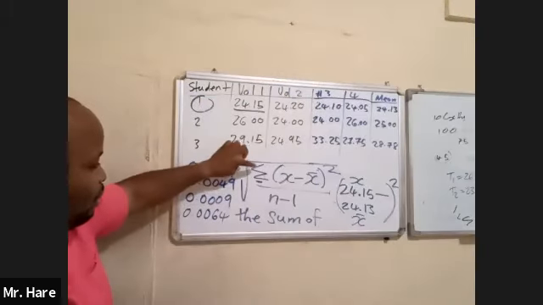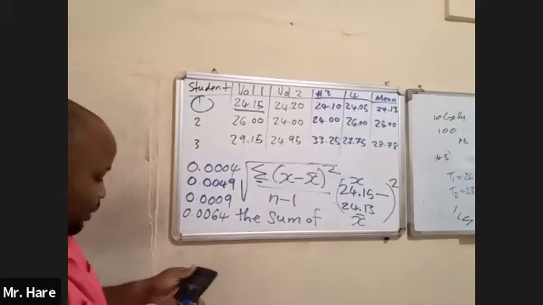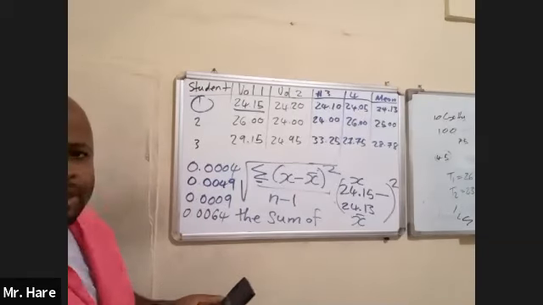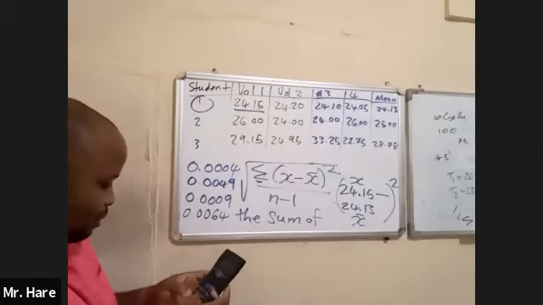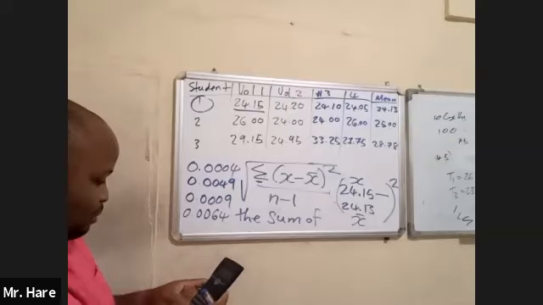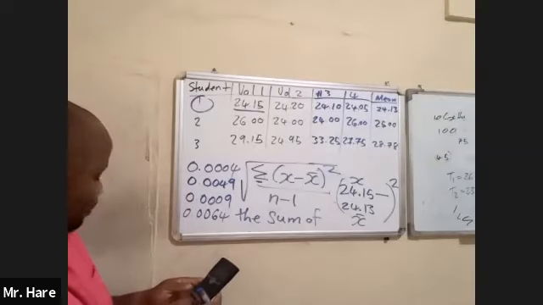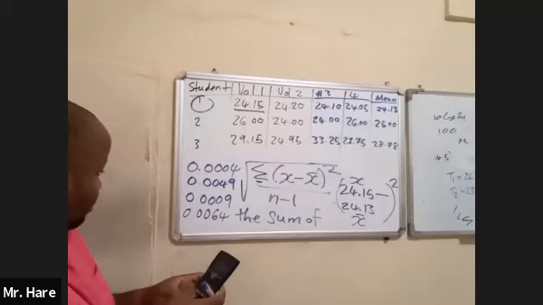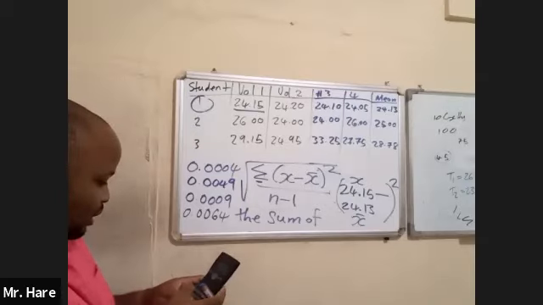So now we're going to add them up. So it's 0.0004 plus 0.0049 plus 0.0009 plus 0.0064.